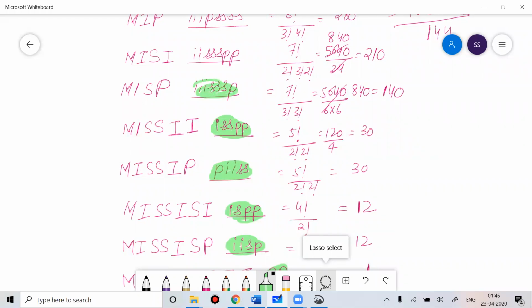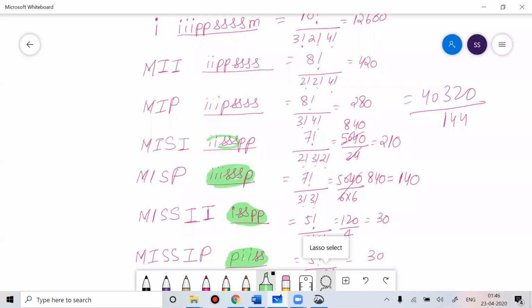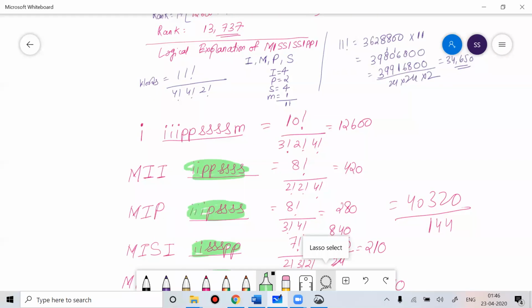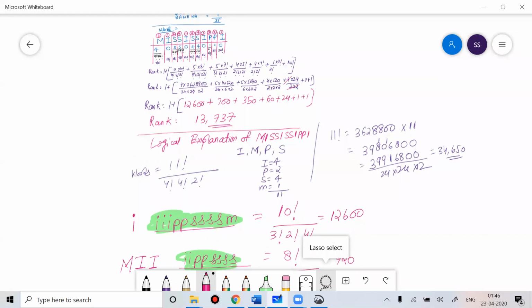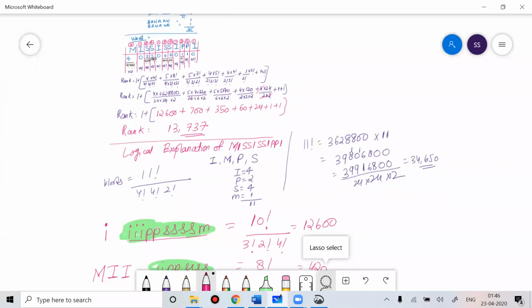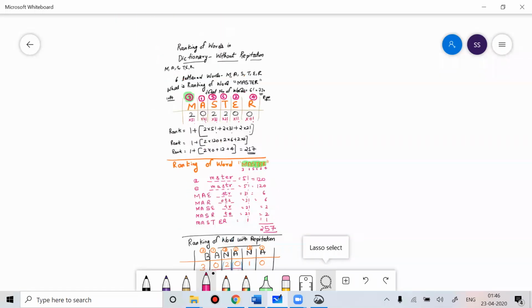Just for your understanding, I'm doing this. Clear? I hope you understood this. So this is the logical explanation for MISSIPP. So I did all the way, all the thing, guys.